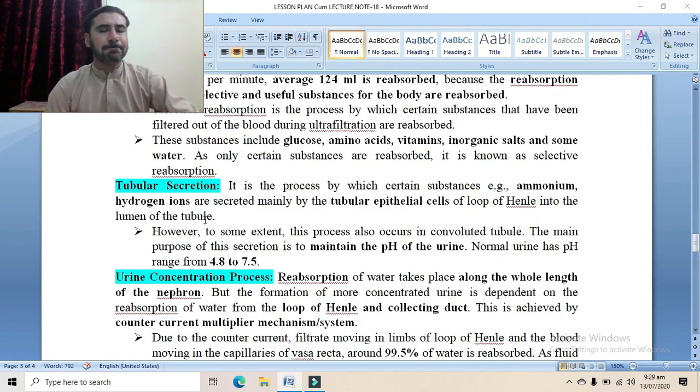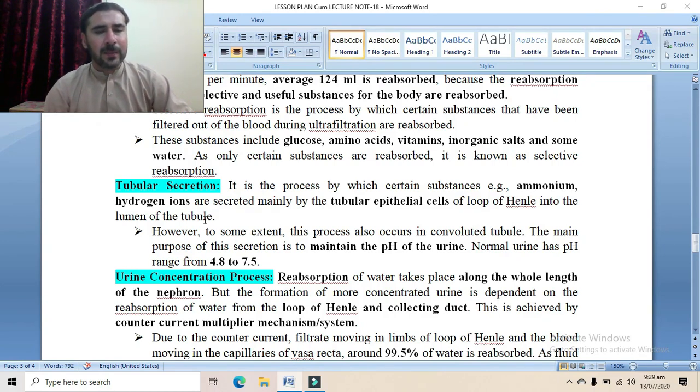So whenever the glomerular filtrate, which later we will call urine, passes through the loop of Henle, the walls of these tubules release ammonium and hydrogen ions to maintain the pH of this glomerular filtrate, or in other words it is now urine.